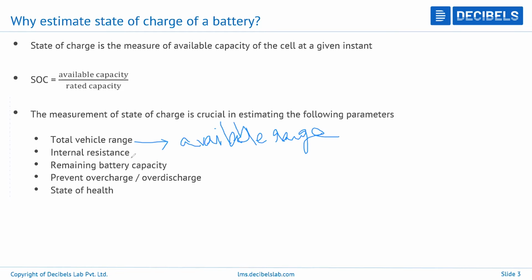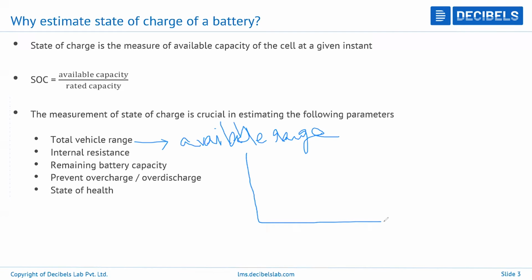Another very important parameter is the current internal resistance, because this will help understand the current condition, or the health of the battery. Internal resistance is very reliant on SOC, because batteries don't have constant resistance throughout the state of charge.